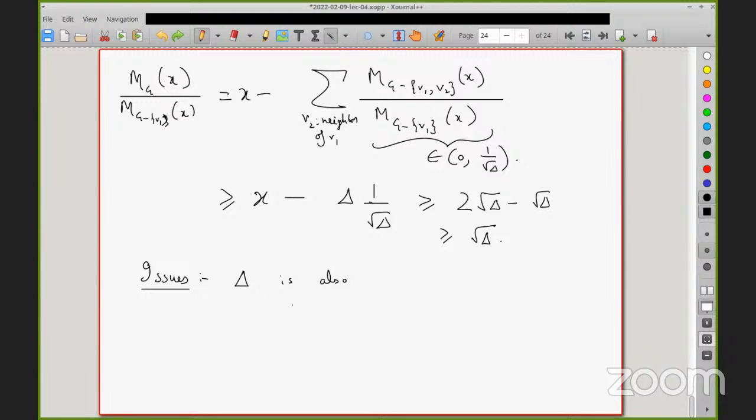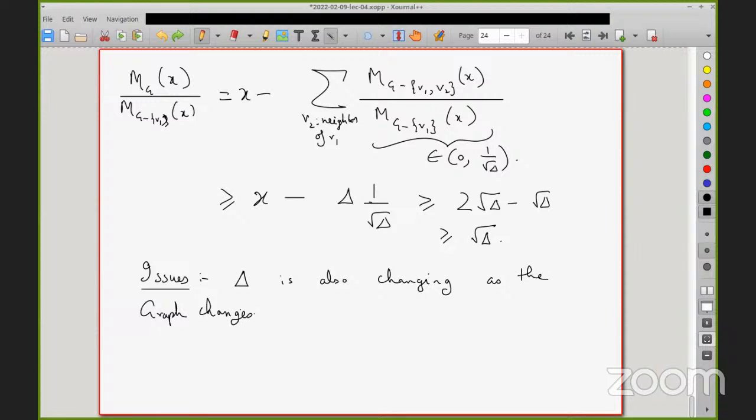In fact, we will be able to use this to show that the roots also are within two, so the roots cannot be bigger than 2 times root delta minus 1 actually. Yeah, so delta is also changing. What's the graph? Changes.